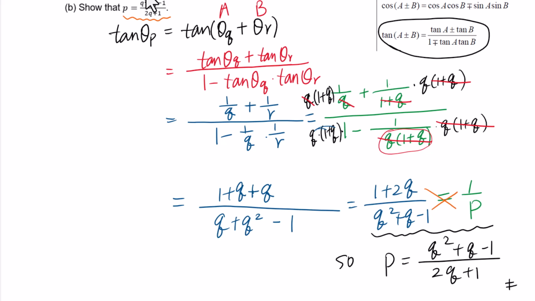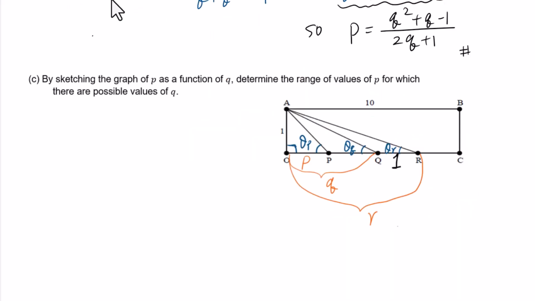We finished proving. Now sketch the graph of P as a function of Q. Determine the range of values of P for which there are possible values of Q. According to the given information, we know P less than Q less than R less than 10, PQR all greater than 0.